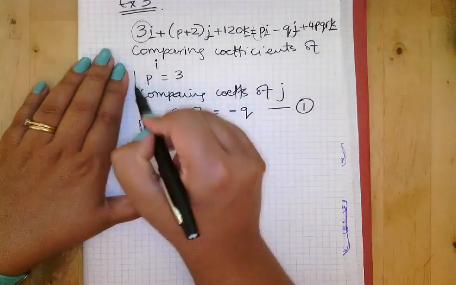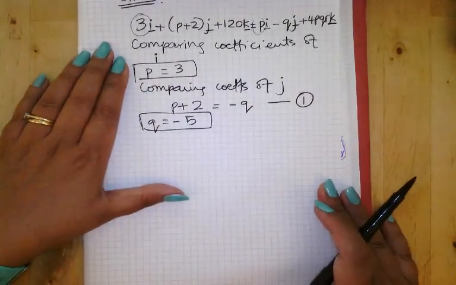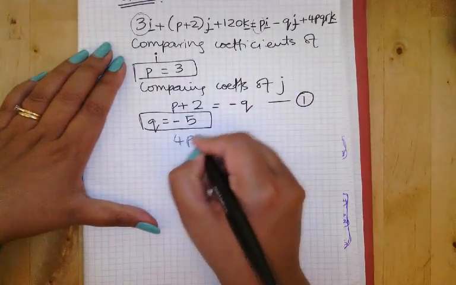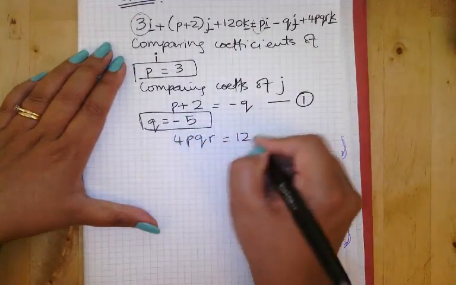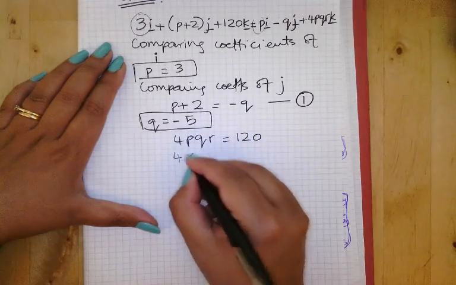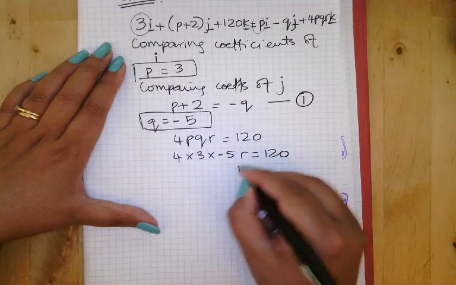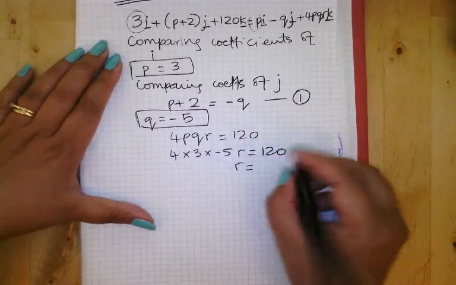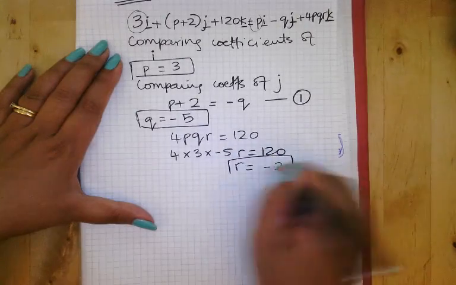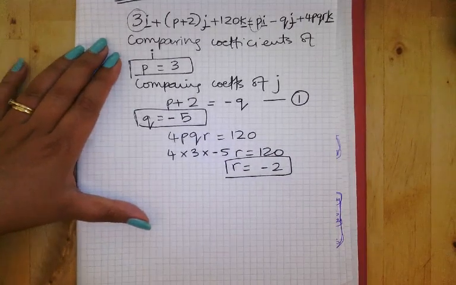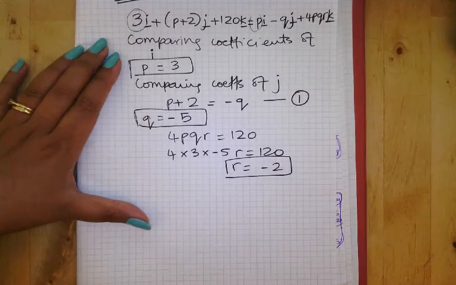Q is -5, p is 3, and now compare coefficients of k. 4pqr is equal to 120. 4 times 3 times -5r is equal to 120, and that gives us r is equal to -2. So that's how you can solve vectors which are equal if they are in the same plane. You can compare coefficients to solve for any unknown quantities.